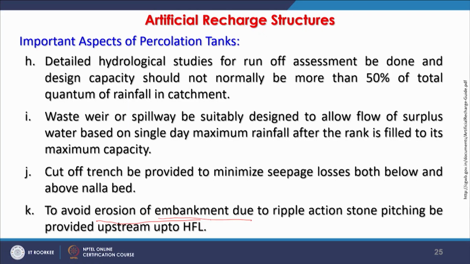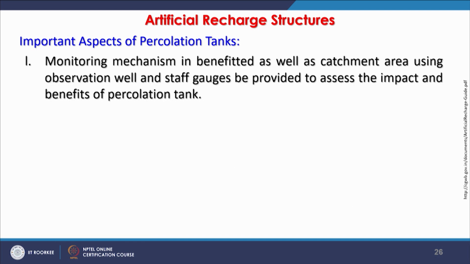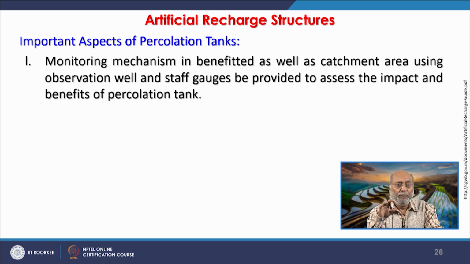Especially, I have seen in the field that many newly constructed percolation tanks have this problem of erosion of embankments or bunds. Due to the ripple action, stone pitching should be provided on the upstream side up to the high flood level. If this is done, then the erosion of banks can be avoided, and that is done for large structures. But for a small structure it may not be required, because otherwise it will involve a lot of cost.